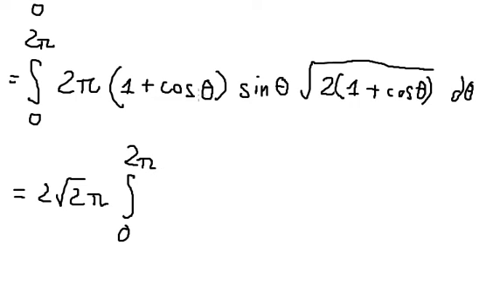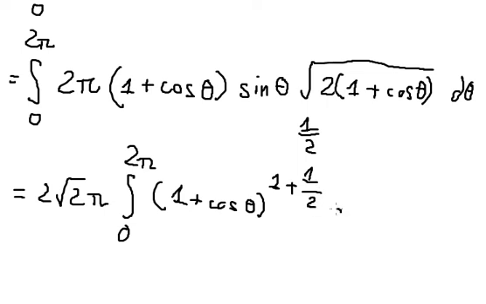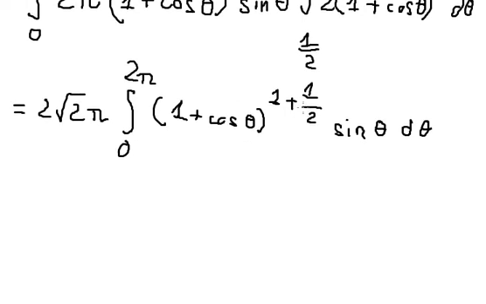So 1 plus cosine theta and 1 plus cosine theta, we combine together under the square root, that is the power 1 over 2. This one is number 1. So when we combine, we get 1 plus 1 over 2, and we have sine theta. 1 plus 1 over 2, we have 3 over 2.